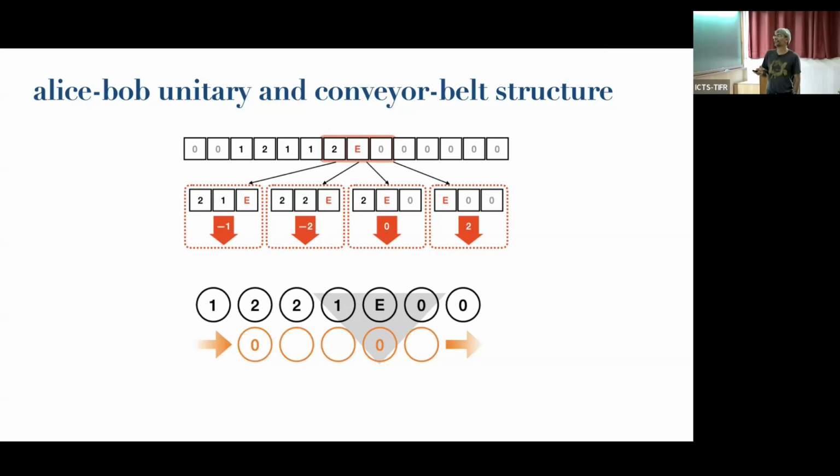Then they interact with the head and they keep going. So it's Markovian because these guys are in a conveyor belt which keeps moving to the right. So they only interact with the system once when they touch the head. And it's local because these gates are strictly local on a two-leg ladder. And so this is a local process.